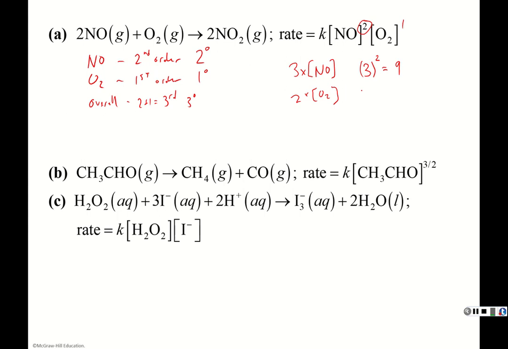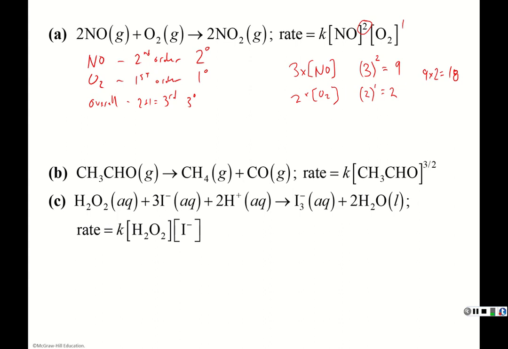And if we increased O2 concentration by 2, that'd be 2 to the first power. So that'd just be an increase by a factor of 2. So if we did those together, that'd be 9 times 2, or 18. So doing tripling NO and doubling O2, we'd get an 18 times greater rate for this reaction. Okay, so you just plug those values into that rate law and multiply them together.